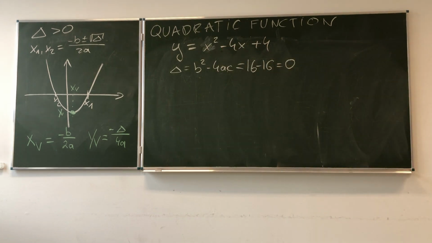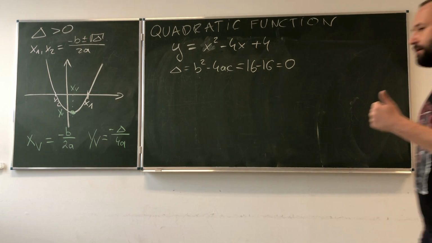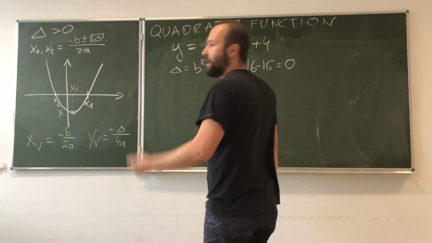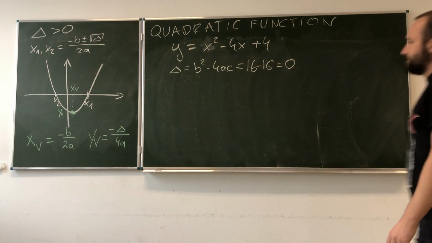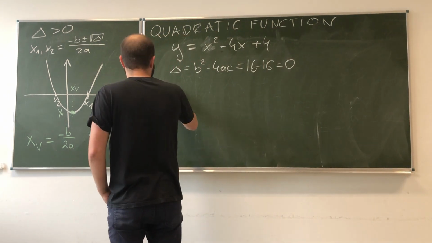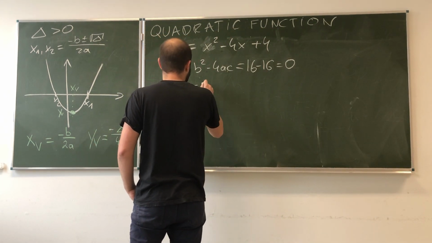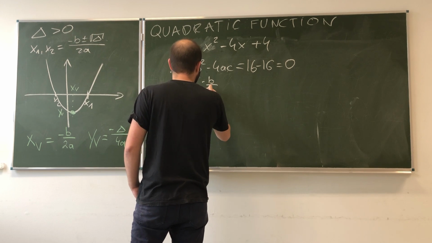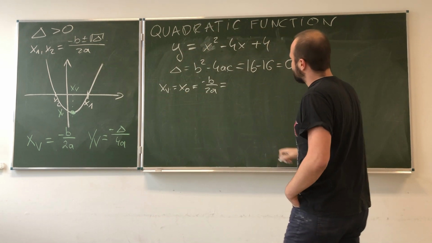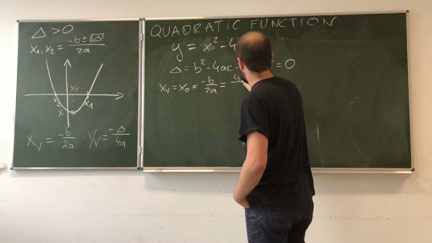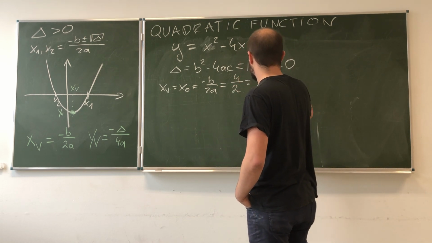So now, with delta equal to 0, it means we have just one repeated root, and the location of this repeated root will also give us the location of the vertex. So, we get that x of vertex, x0, is given by negative b over 2a, which is simply 4 over 2, or simply 2.